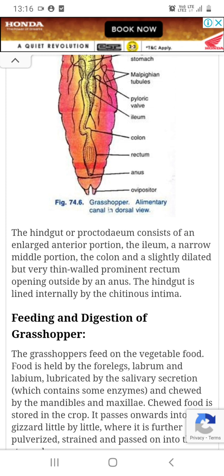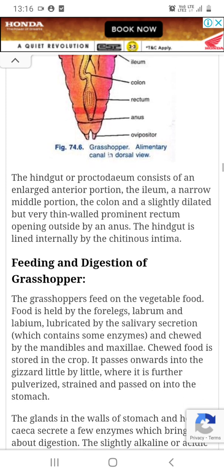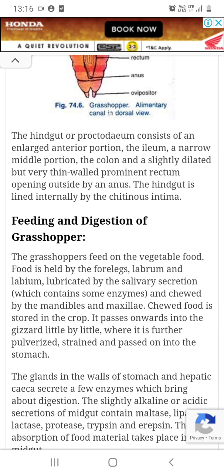The hindgut or proctodaeum consists of an enlarged anterior portion, the ileum, a narrow middle portion, the colon, and a slightly dilated but very thin-walled prominent region called the rectum, which opens to the outside by the anus. The hindgut is lined internally by chitinous intima.